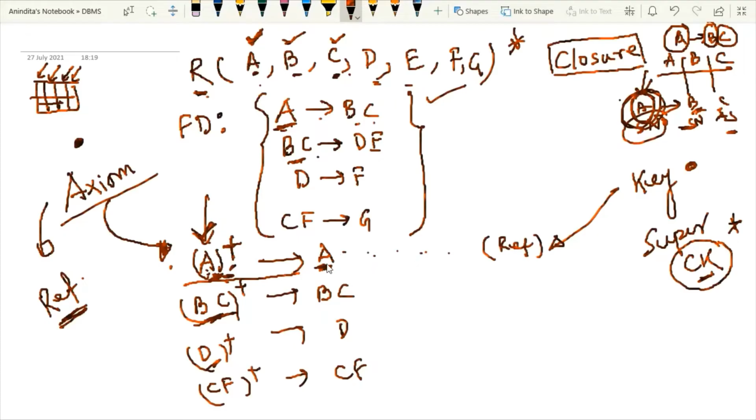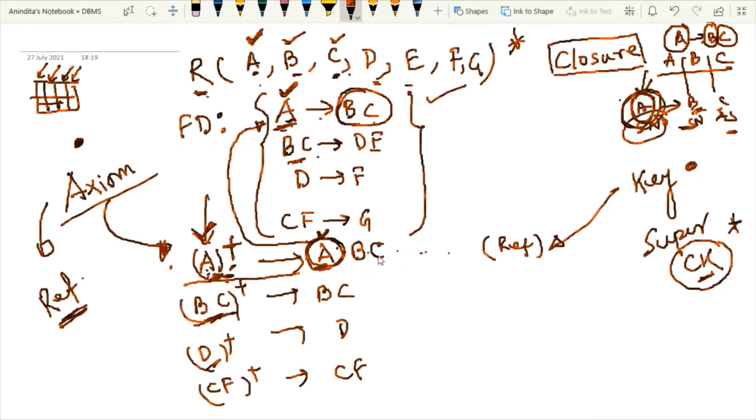Whenever you get something in the RHS, just see whether this RHS appears in the LHS or not. Yes, this A is present here. Now, whatever component A is pointing to, just copy them here.